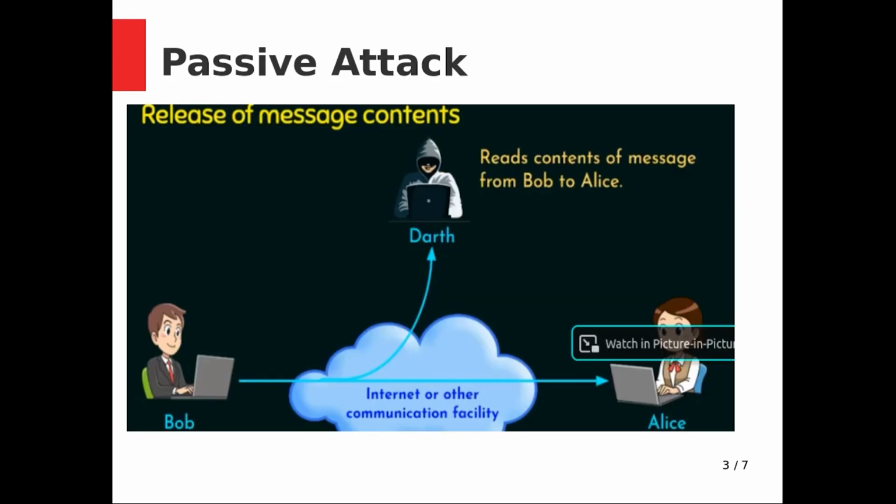Here Bob is communicating with Alice about an important meeting, and the intruder, the hacker, just goes on reading what Bob is sending to Alice. He is just watching all the messages sent by Bob to Alice. He is not modifying the message, unlike an active attack.